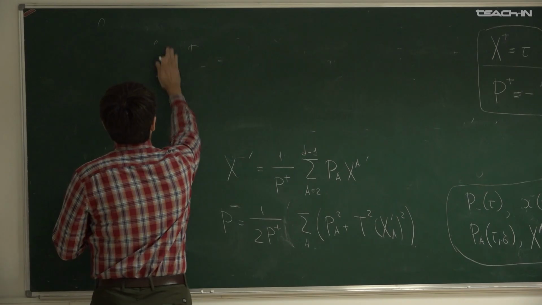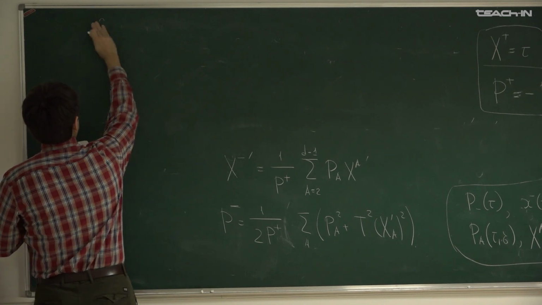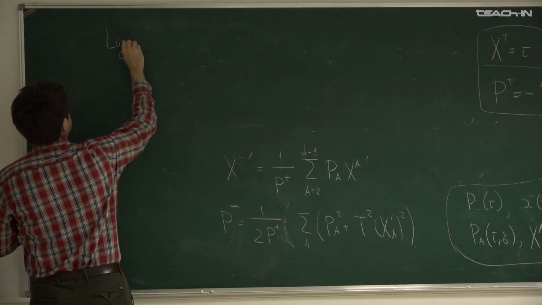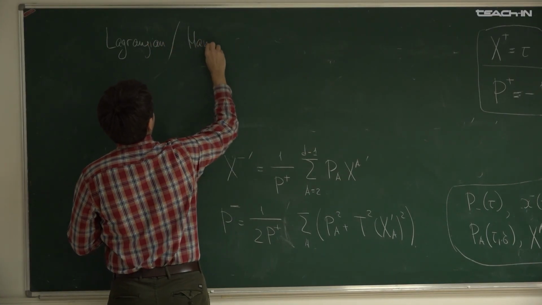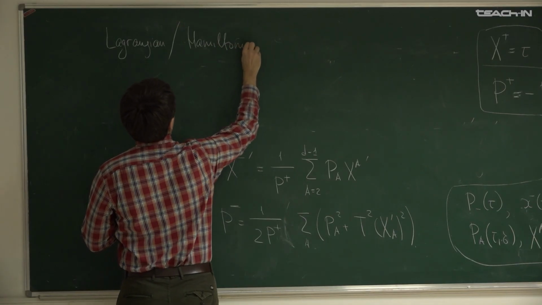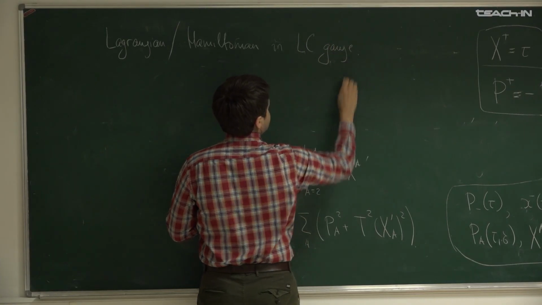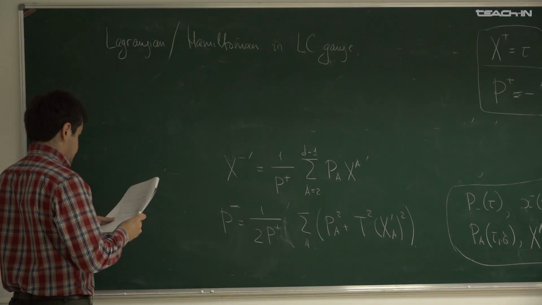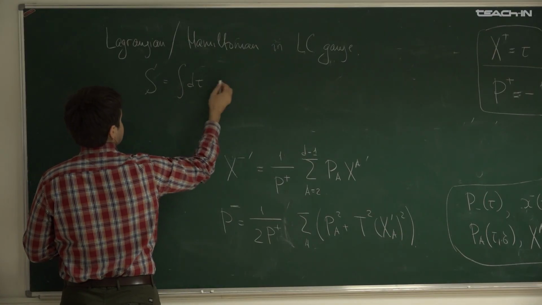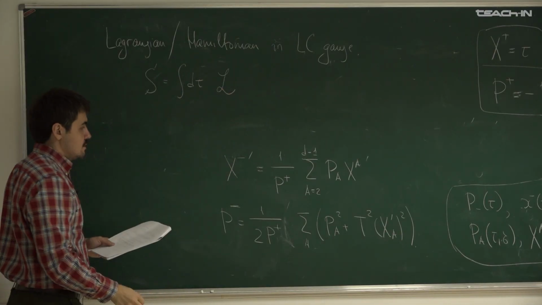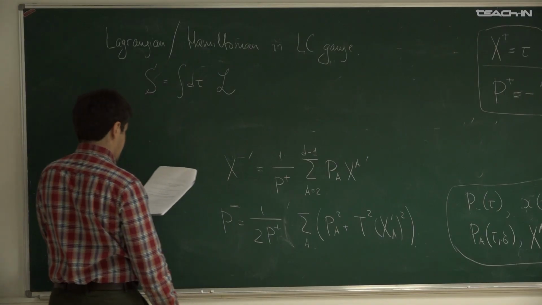First, recall that the action is the integral over d tau of the Lagrangian. So by Lagrangian, we mean the full Lagrangian, not the Lagrangian density. So the integrated Lagrangian, okay?